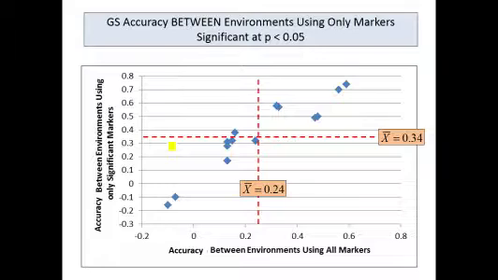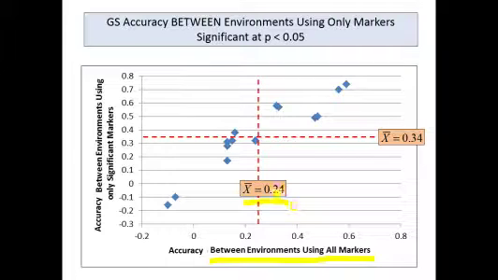This also helps us with our accuracy of genomic selection between environments, using data from one environment to build a model and see if it can predict the phenotype in the second environment. So when we look at our accuracy between environments using all markers that were scored in our training population, the average accuracy is 0.24.